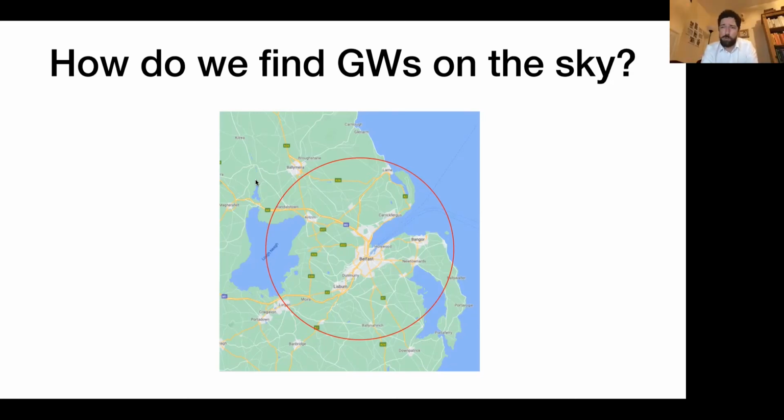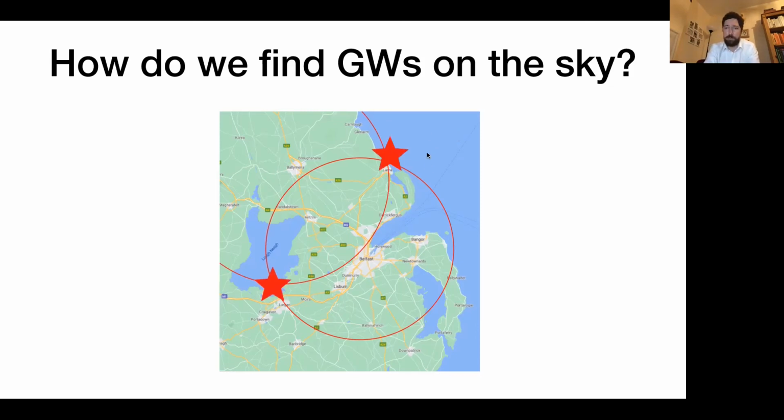Then we know that, wherever that firework went off, it took 3 seconds more for the sound to reach my friend in Ballymena than it took to reach me in Belfast. So we can draw on this map overlapping circles, and we can mark regions that meet this condition.